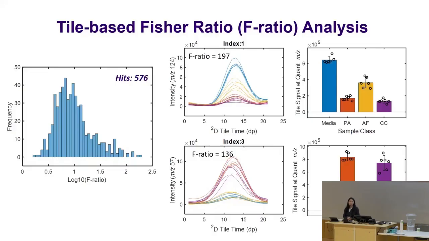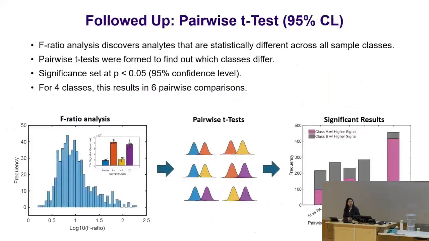As I mentioned before, the tile-based Fisher ratio analysis can discover all the analytes that are statistically different across sample classes, but it's hard to tell which hit is higher in which 2 sample classes, like PA and co-culture. So that's why we follow up with a pairwise t-test. This allows us to find out which classes actually differ.